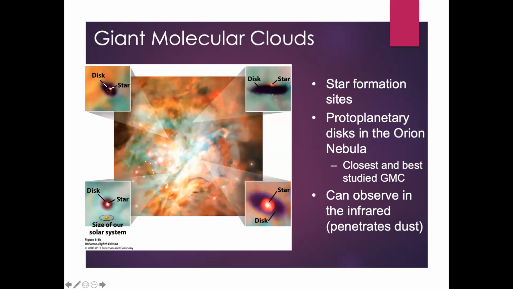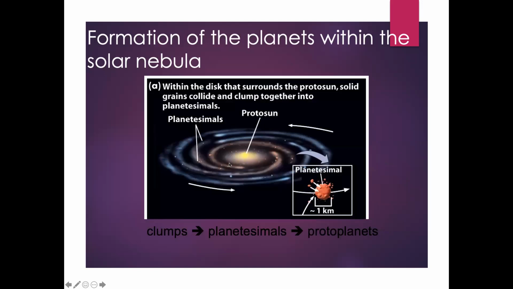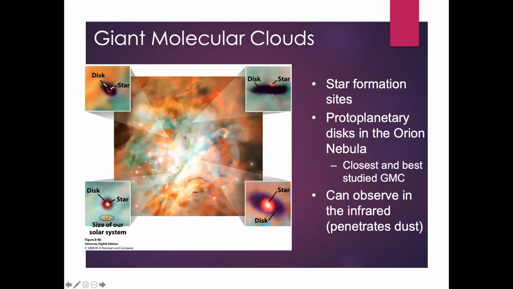And sure enough, they look exactly like what Kant and Laplace predicted: a proto-sun in the middle and a disk of material around it. Look at these pictures. Star or proto-sun with a disk of material. Proto-sun, disk, proto-star, disk. And by comparison to the size of our solar system, you can see that they're relatively similar.